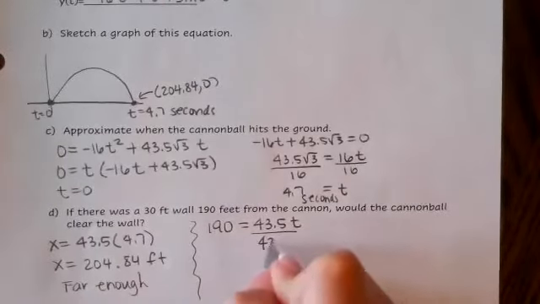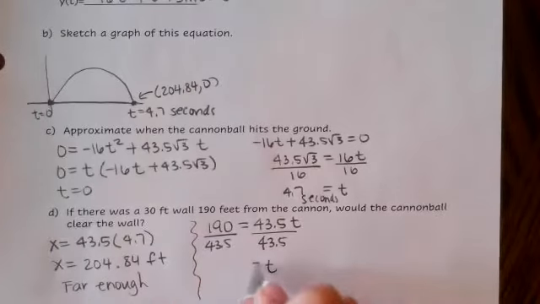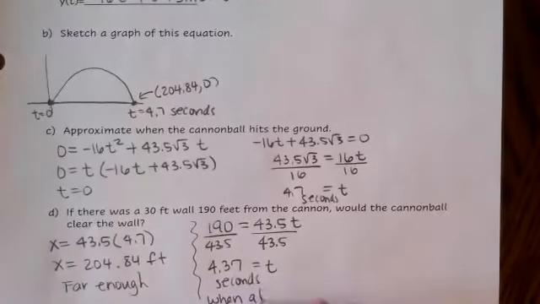So I divide by 43.5, and we find that the time is 4.37 seconds. That is when it has arrived at the wall. So the ball has traveled 190 feet at that point in the horizontal. It has taken 4.37 seconds.